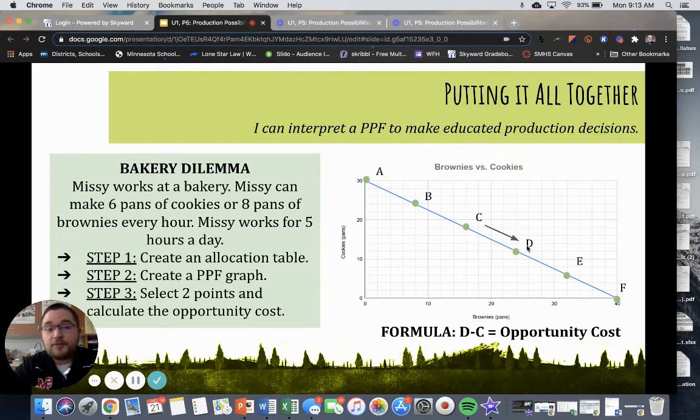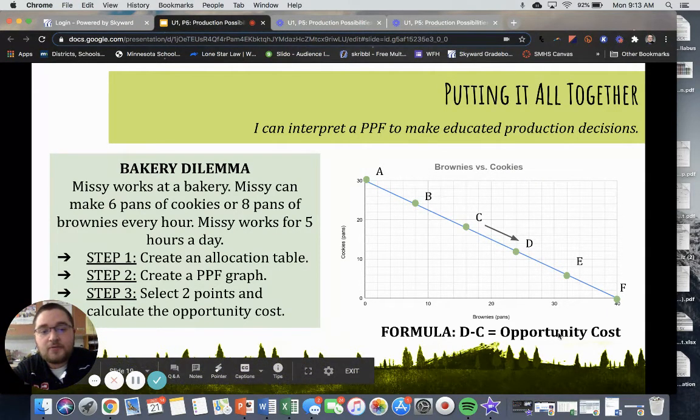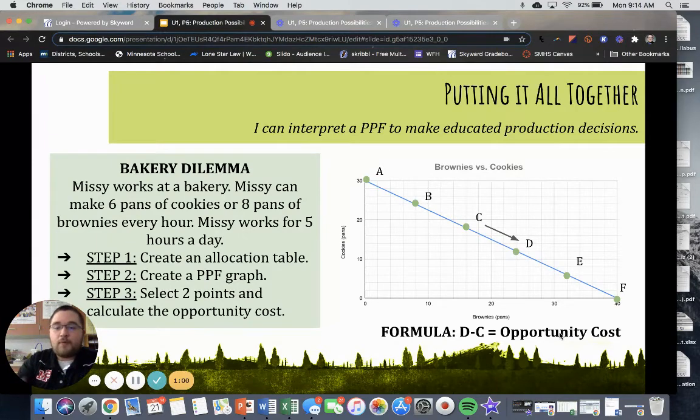And if I wanted to find the opportunity cost of D to E, I would do E minus D, or F minus E, etc. We could also calculate the opportunity cost of moving multiple points. So we could have done the opportunity cost from C to E, and we would have just done E minus C equals opportunity cost. The biggest thing is you're subtracting the point that's farther on the right of the curve from the point that's on the left side of the curve.